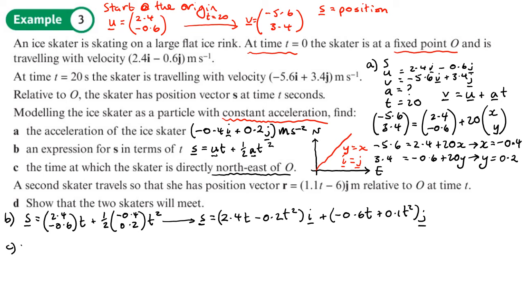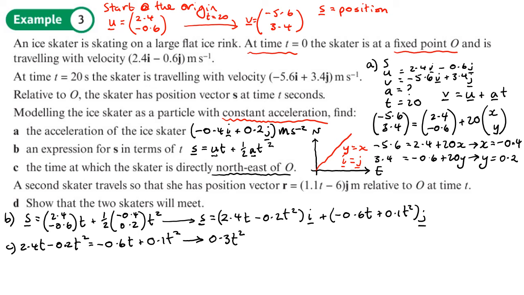So that's where we do 2.4t minus 0.2 t squared equals negative 0.6 t plus 0.1 t squared. So it's now about solving this. So let's add, we want to bring everything to one side. So let's add 0.1 t squared. Add 0.2 t squared to both sides, so we end up with 0.3 t squared.